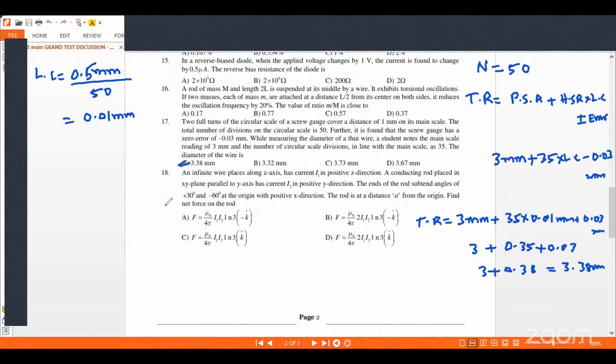That is the first option. Right? 3.38 mm. Fine. Over. Completed.